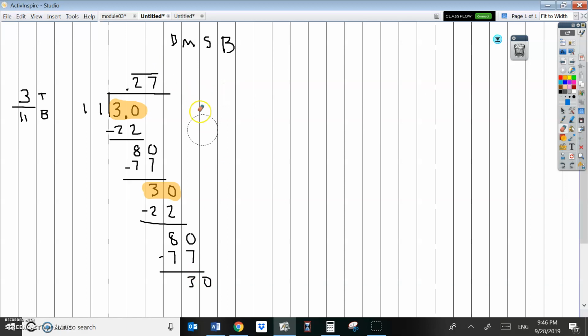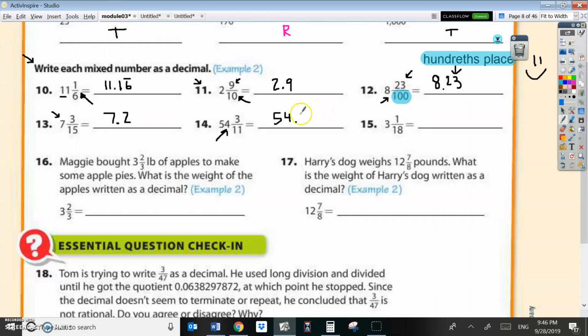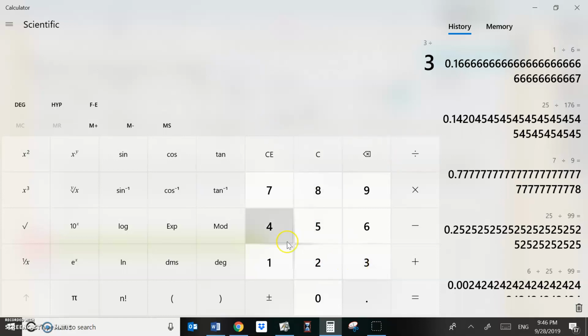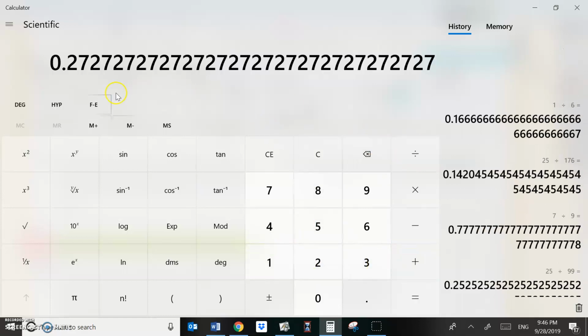You don't need that part. You just need this part here. By the way, 3 divided by 11 is interesting on the calculator. 3 divided by 11 equals 0.272727.